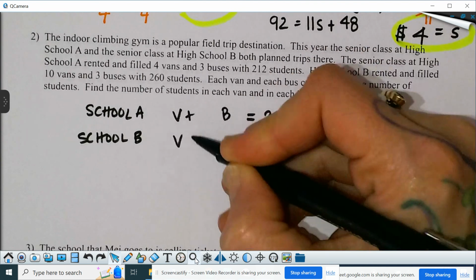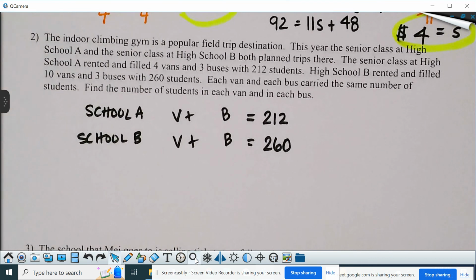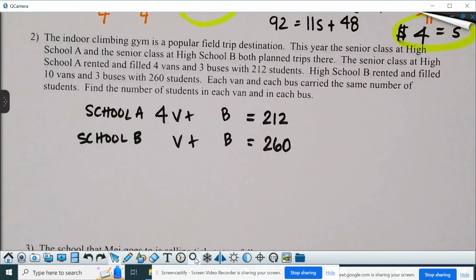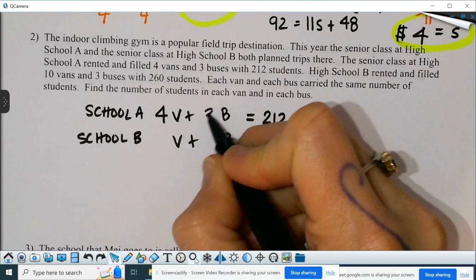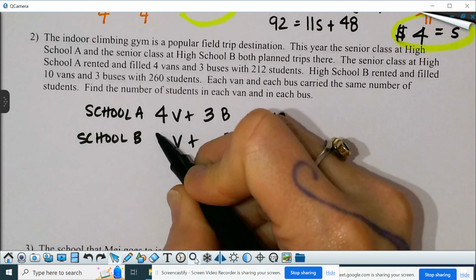So school A, how many people are in a van? 4. How many people are in a bus in school A? Yes. Then we're going to do the same thing for school B. How many vans are they taking? 10 vans. And then how many buses are they taking?